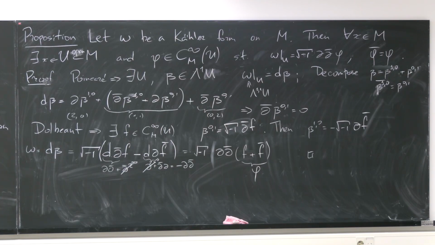Okay. So that's somehow the first part about Kähler metrics, and now the next thing I wanted to discuss is connections on Hermitian bundles, because I need this later.